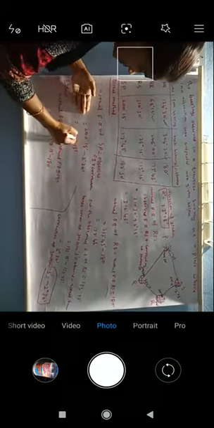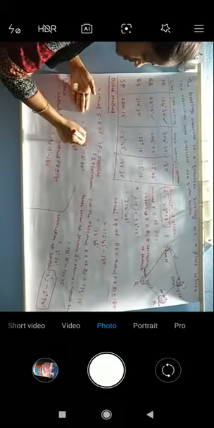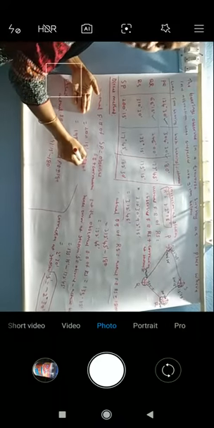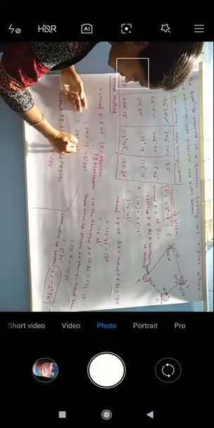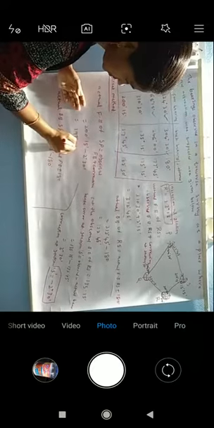Sorry, 200 degrees 15 minutes minus 2 degrees 30 minutes is 197 degrees 45 minutes.